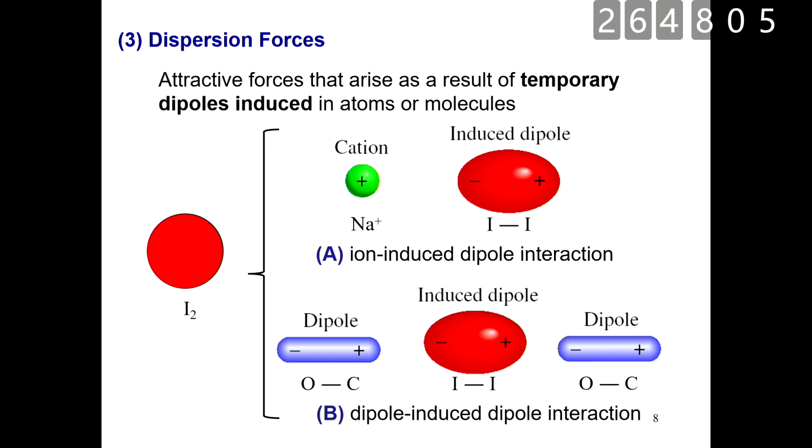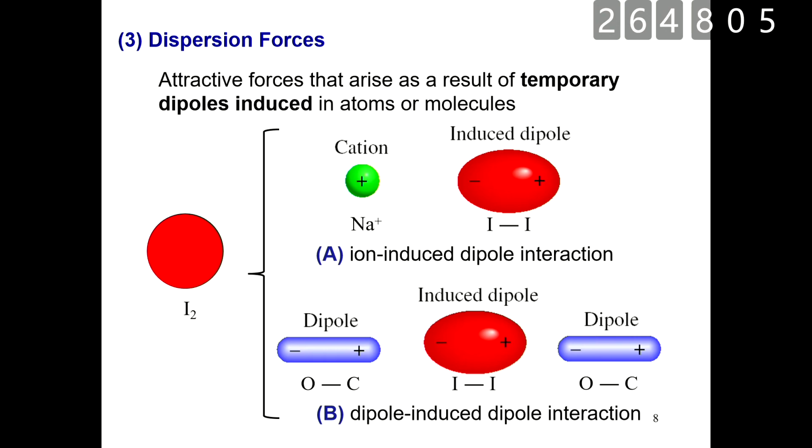In the previous case, the temporary dipole is induced by a cation. In this case, the temporary dipole is induced by a dipole molecule.